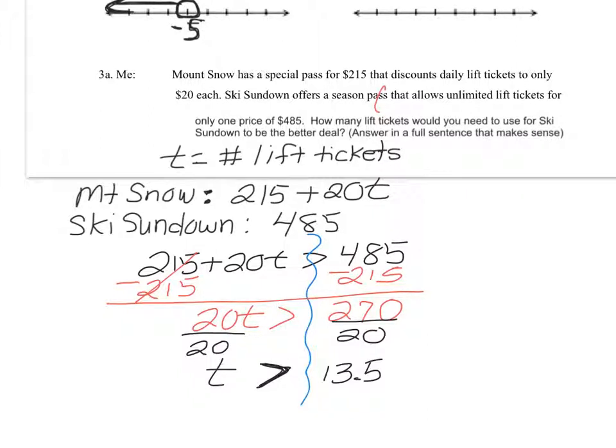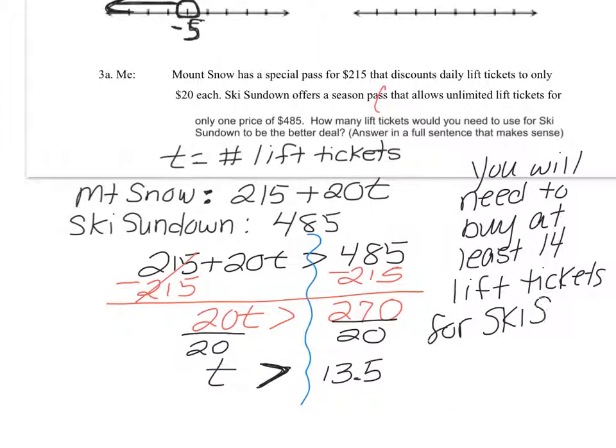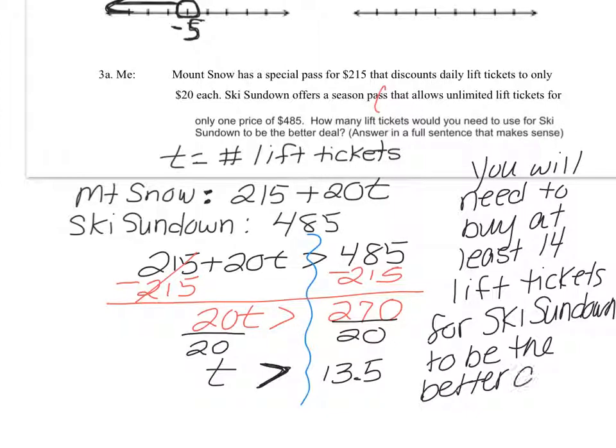No. So you will need to buy at least 14 lift tickets for Ski Sundown to be the better deal. Bam.